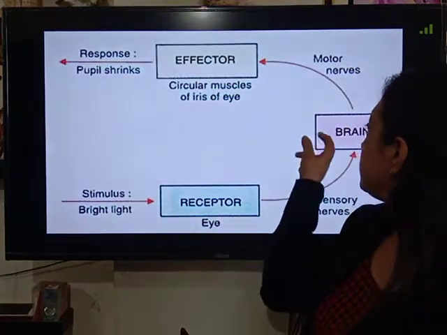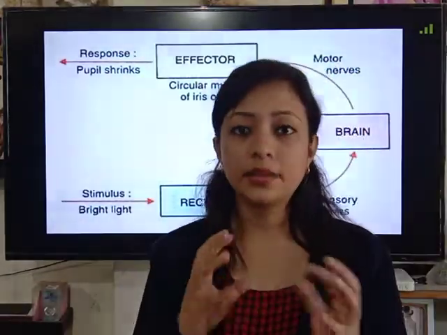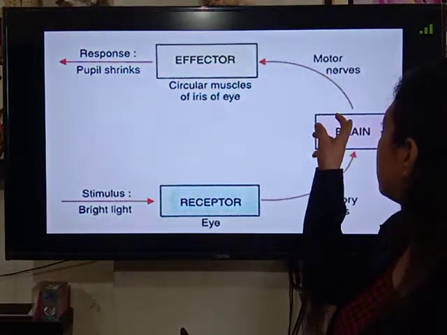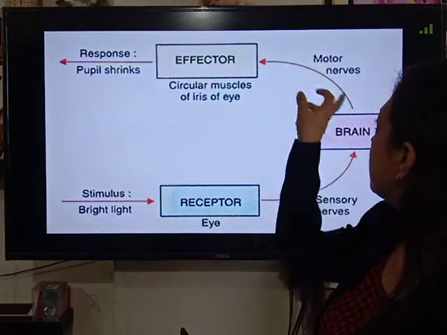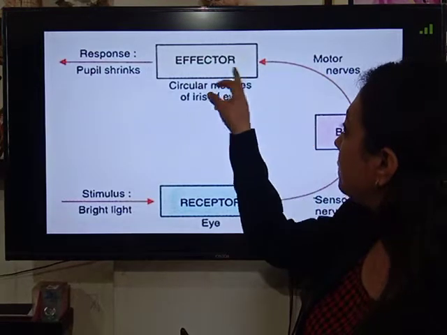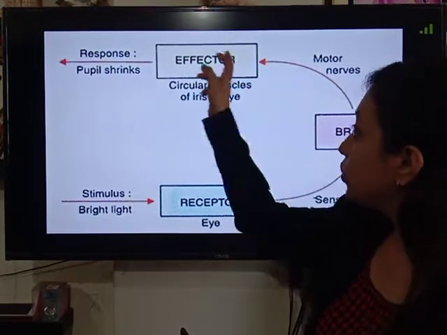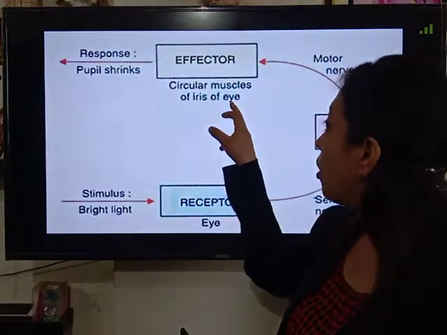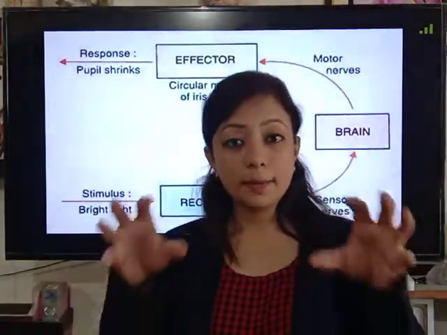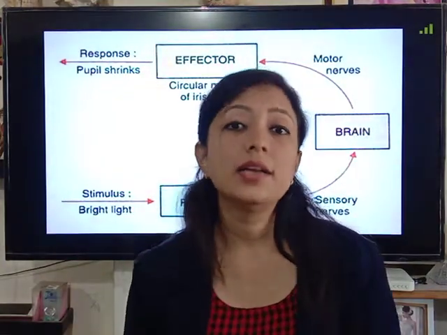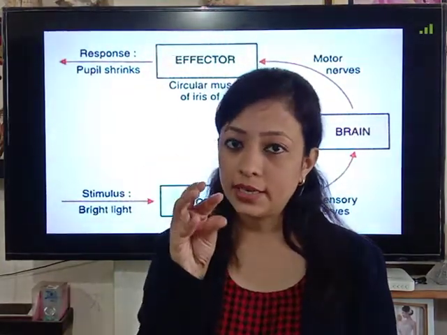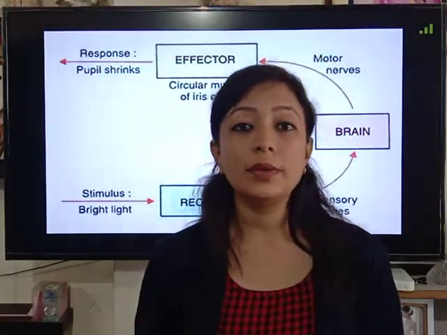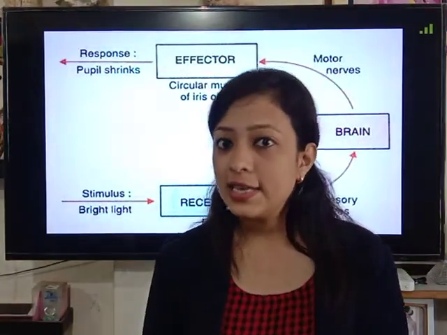This message is converted by the brain, and the brain then sends this message with the help of motor nerves from the brain up to the effector organ. So what is the effector organ in this case? It is nothing but the iris of our eyes. As the muscles of the iris contract, the size of the pupil automatically decreases, and this decrease in pupil size is the response.